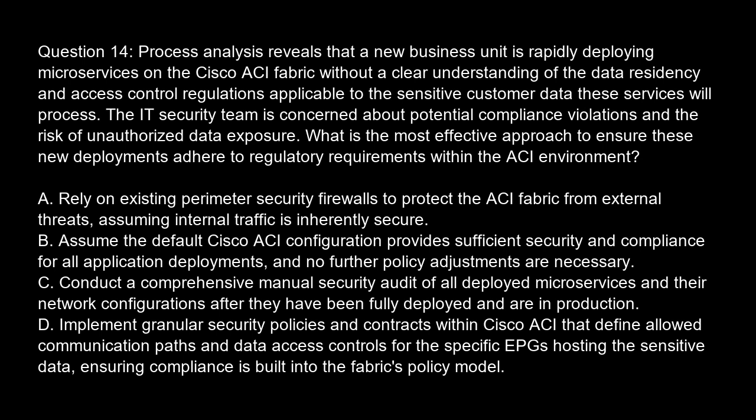Option C. Conduct a comprehensive manual security audit of all deployed microservices and their network configurations after they have been fully deployed and are in production. Option D. Implement granular security policies and contracts within Cisco ACI that define allowed communication paths and data access controls for the specific EPGs hosting the sensitive data, ensuring compliance is built into the fabric's policy model.